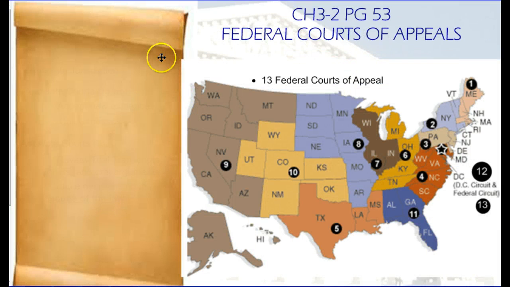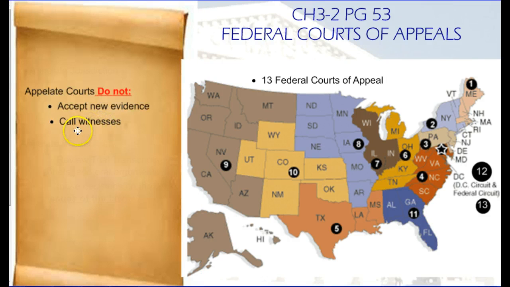Well, what if someone at one of the lower courts isn't happy with the decision? They can appeal it, and it can go to one of our courts that have appellate jurisdiction. We have 13 federal courts of appeal that you can see on this map, and each of them is assigned to a certain geographic area. Appellate courts do not accept any new evidence. So if it wasn't mentioned in the original trial, it cannot be mentioned in the appeals court.